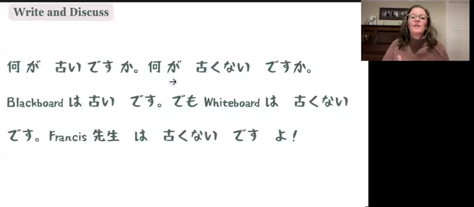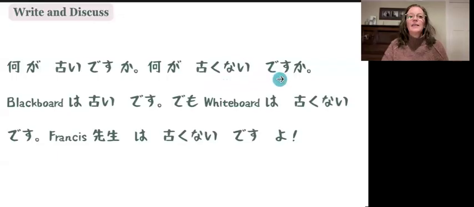And then I might wait for someone to call out, because they know 何が. 何が古く, and then they can finish off the sentences, because we've had lots of previous exposure talking about things that are furui, furukunai. So you're listening for the part where the students are joining in. So you're leading the writing, but ready to pull back and allow the students to jump in where they can.